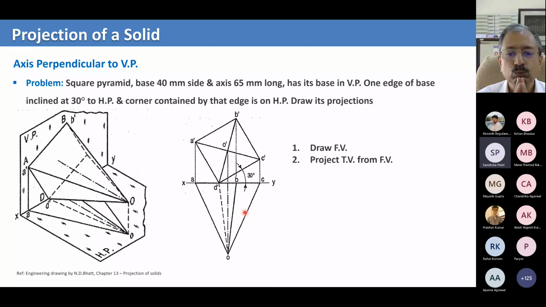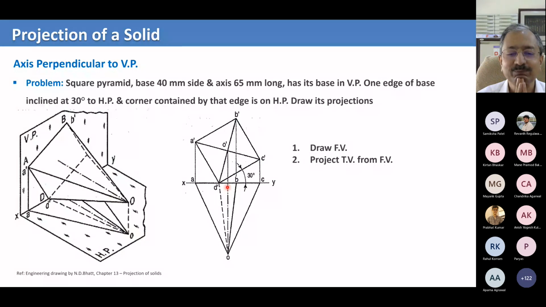We will measure 65 millimeters from O dash. Okay. Everyone agrees to that? Is it 65 from O dash or from the XY plane? I'm just messing with you. Is it 65 from O dash, or 65 from, let us say, the XY line? It's from the XY line. Okay, we have two answers now.